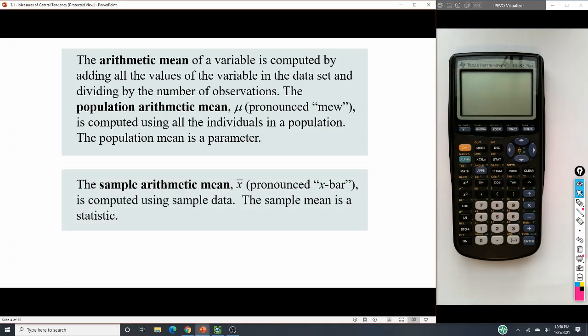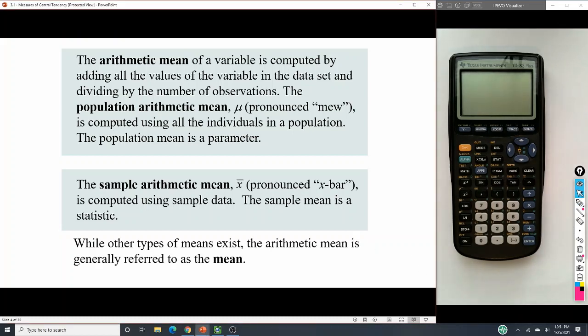The sample mean is denoted by x bar. So you'll see it right down here. Now, anytime you see that, again, throughout the rest of the semester, we're going to be talking about the sample mean. So it's very important that you pay attention to those details.